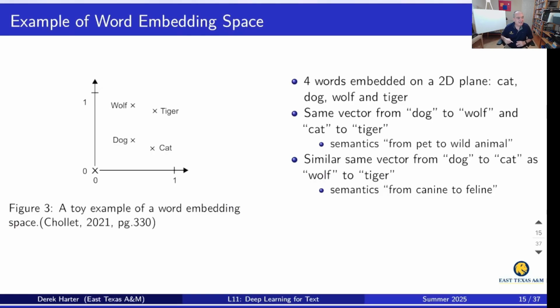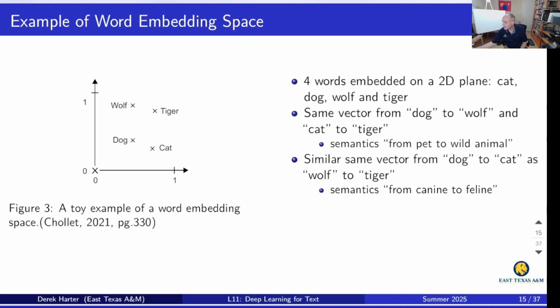So here is another example to try and build up your intuition about how an embedding space works. Let's say we have 4 words embedded in a 2-dimensional embedding space. Typically it's going to be 100, 200 dimensions, but we just have 2 dimensions in our embedding space.